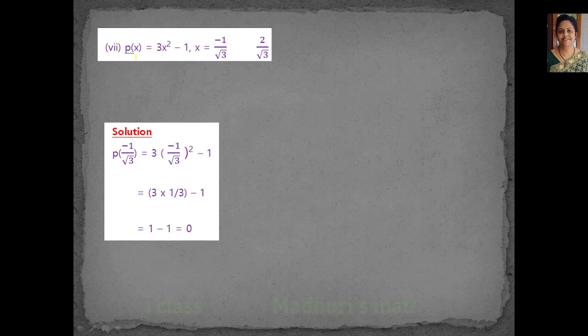So here P(negative 1 by root 3) is equal to 3 into negative 1 by root 3, the whole squared. That is negative 1 by root 3 into negative 1 by root 3. Root 3 into root 3 is 3. Negative 1 into negative 1 is 1. 3 into 1 by 3, 3 and 3 cancel. What you will get?